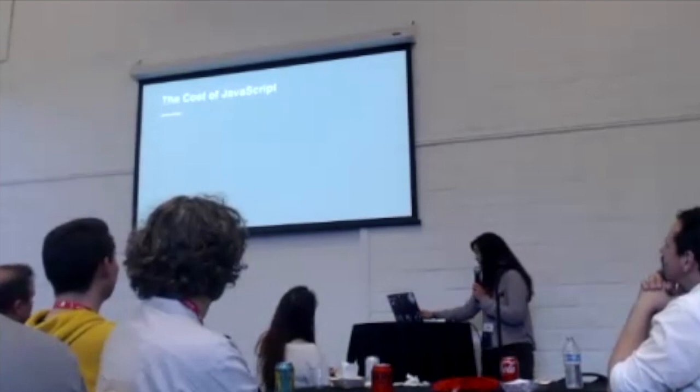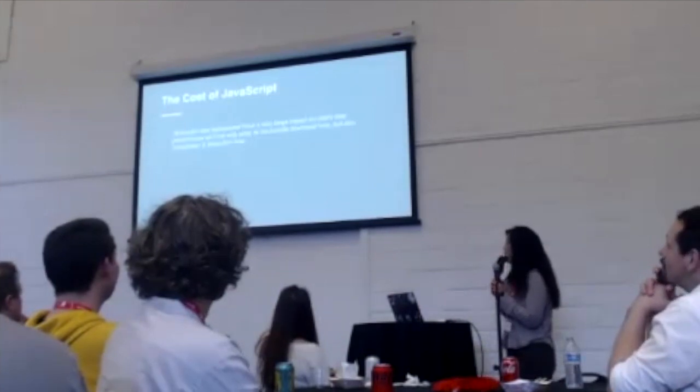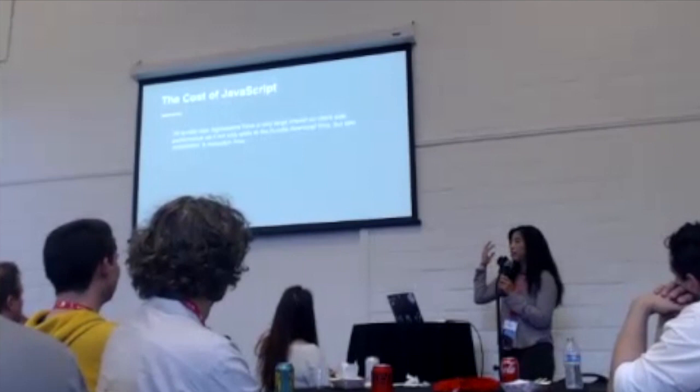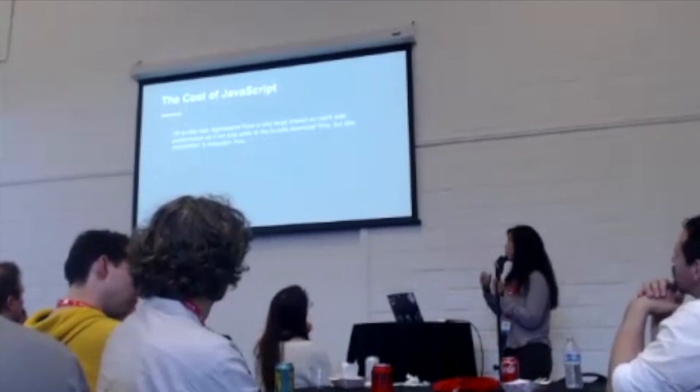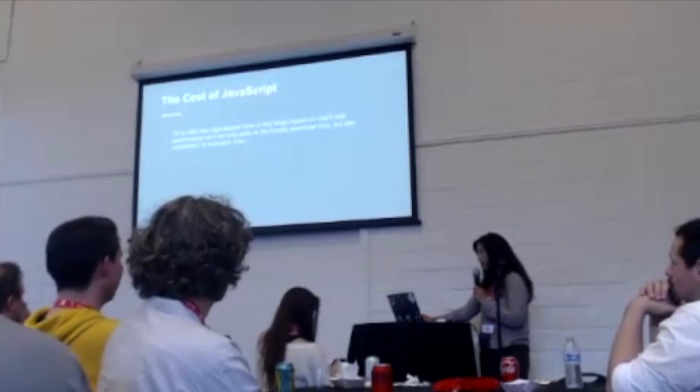So, as mentioned in previous talks, there is a cost to JavaScript, and JavaScript bundle size regressions can have a very large impact on client-side performance because not only do you have to download that JavaScript, but you have to compile it and execute it. That's a lot of time on the main thread.